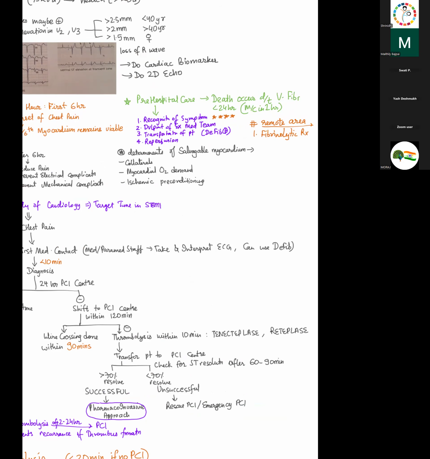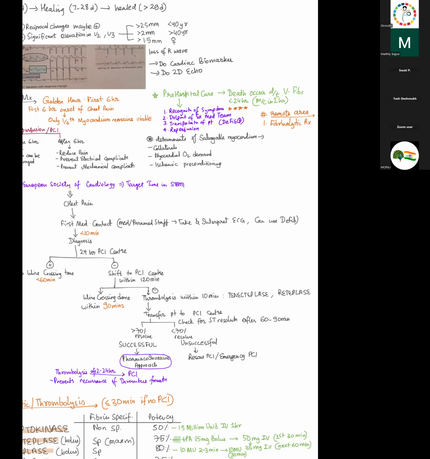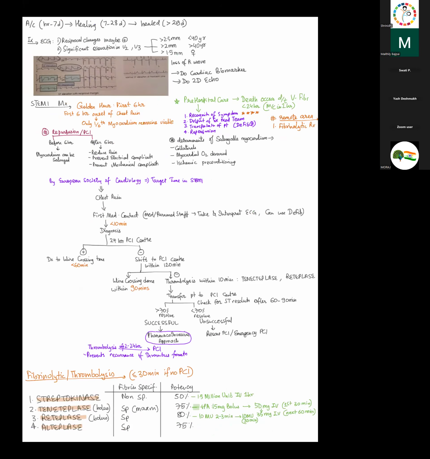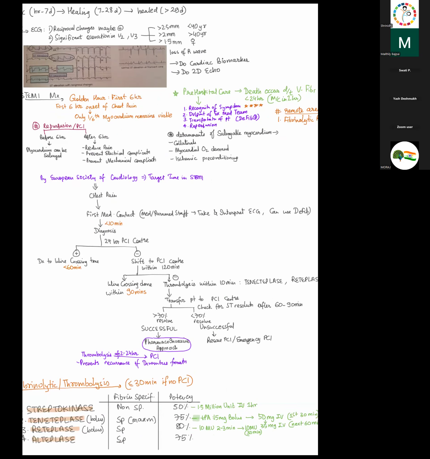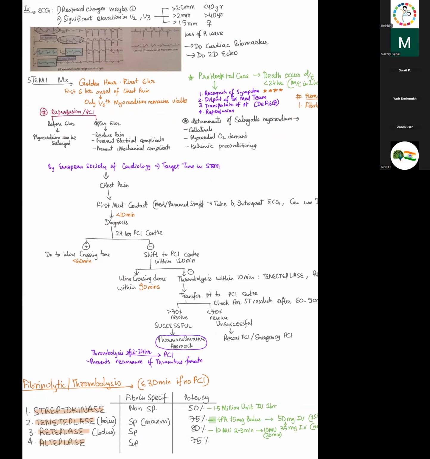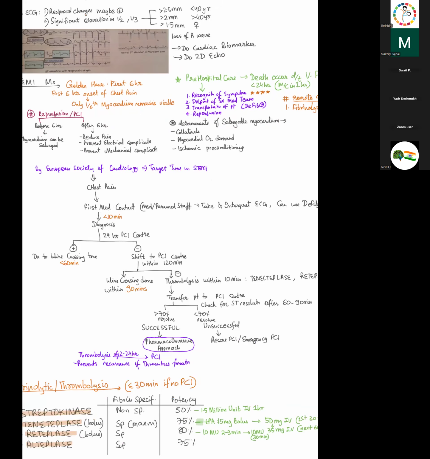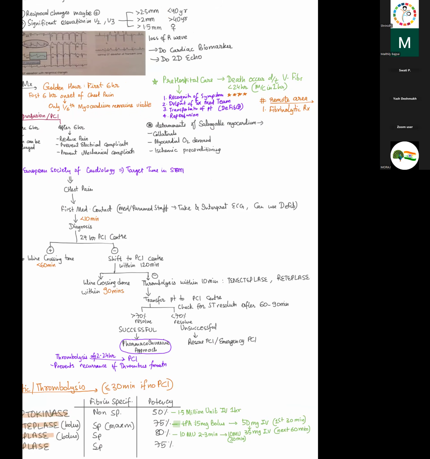If the patient is in a remote area, fibrinolytic treatment should be started. According to the European Society of Cardiology, the target times in STEMI are: if the patient develops chest pain, first medical contact should be made, and the staff should take and interpret the ECG and use the defibrillator in less than 10 minutes.